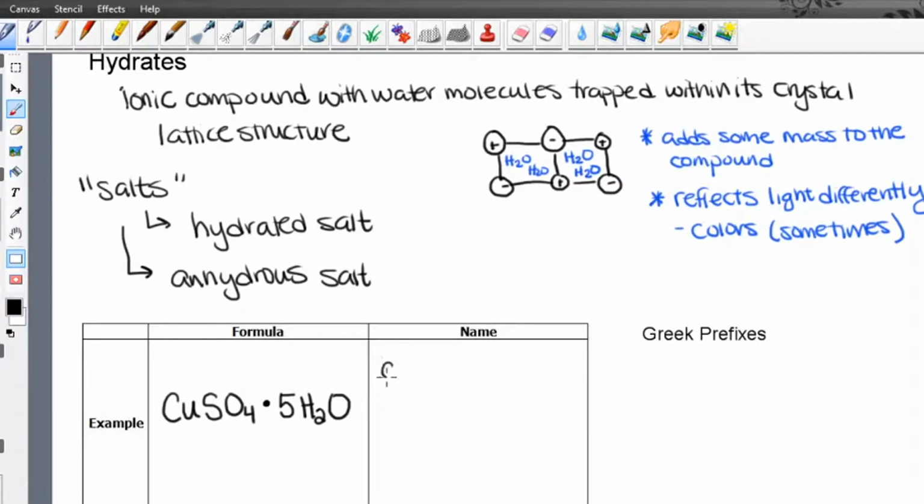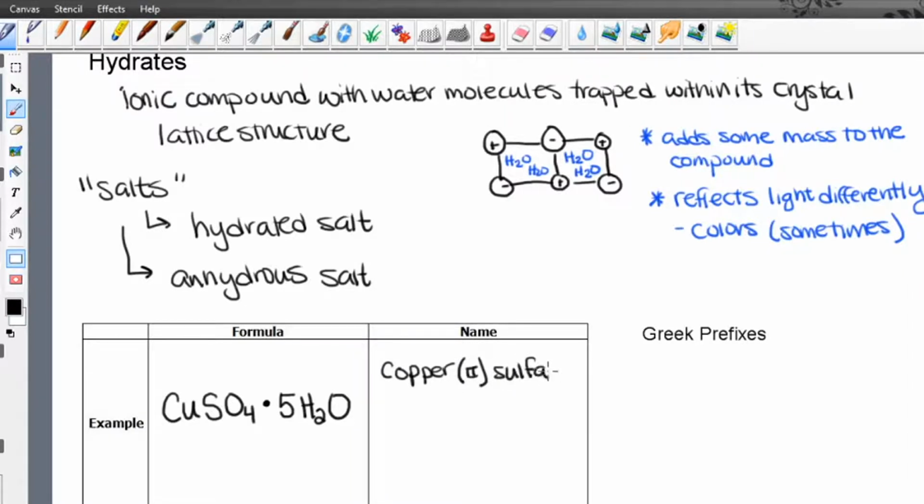So we would write the name of this compound as copper. I have to work backwards to figure out my Roman numeral of a 2 for the charge. Ran out of room, sorry. Sulfate, and I forgot the L. Let's just see if I can squish it all into one line for you. Copper(II) sulfate.